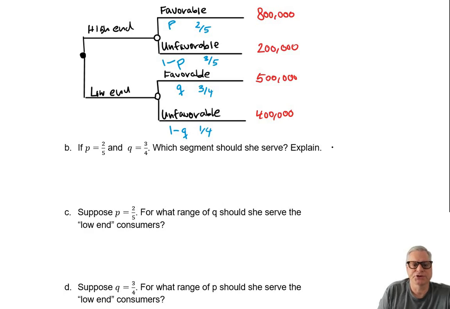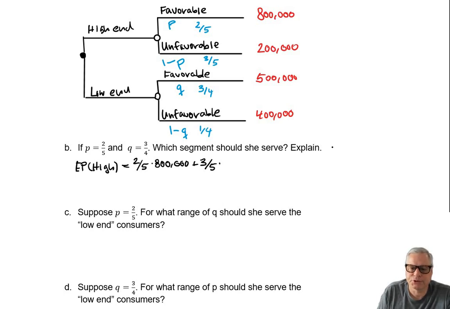Okay, so now we just calculate the expected payoff for high end. And that is 2/5 times 800,000 plus 3/5 times 200,000.